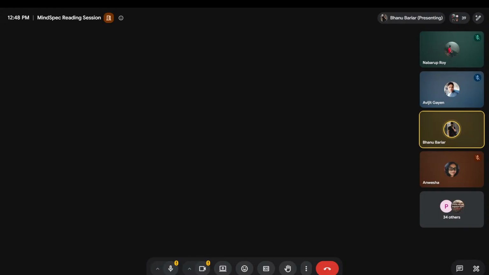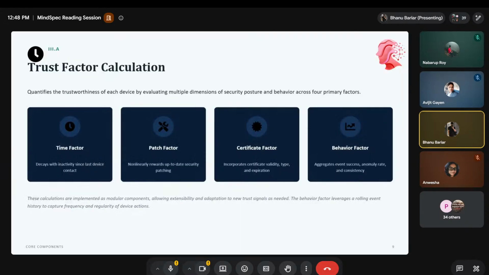Digital certificates can establish device identity, but they are not fully validated alone. This framework considers certificate validity, certificate type, and certificate expiration. Invalid or expired certificates immediately reduce the trust.